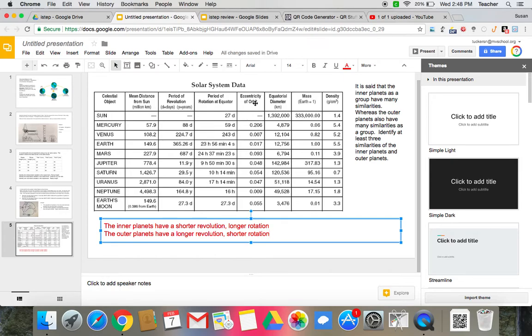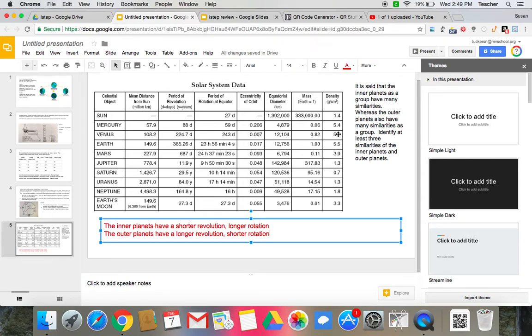Okay. Let's see here. There's several things we could look at. Mass might not be bad to look at. Let's look at density.